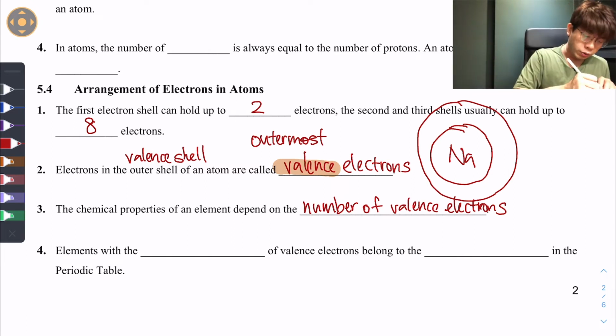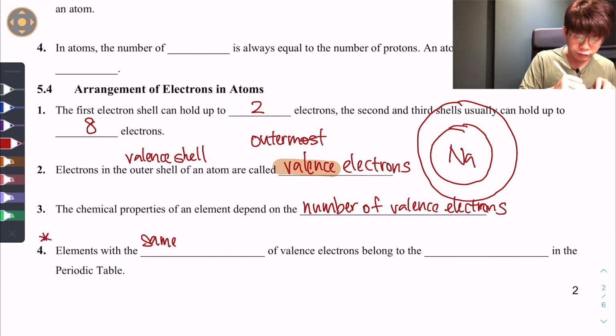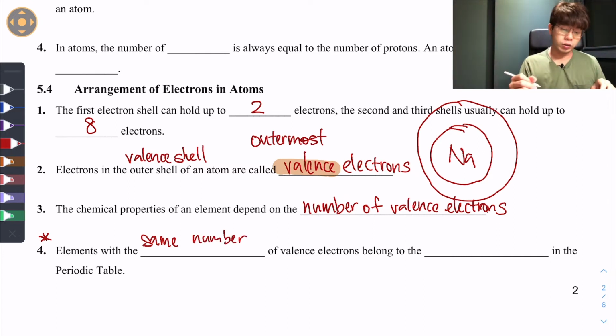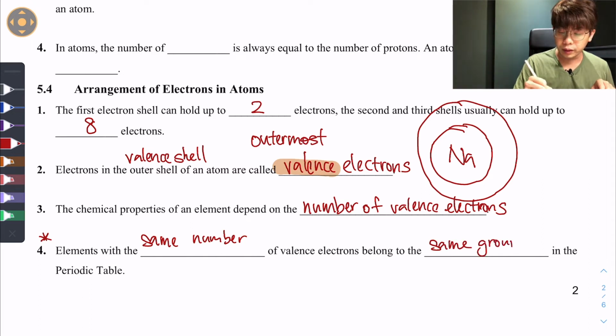Okay, next one, put a star here, right? Elements with the same number of valence electrons belong to the same group. And for those who are unfamiliar, the group is actually the vertical column.